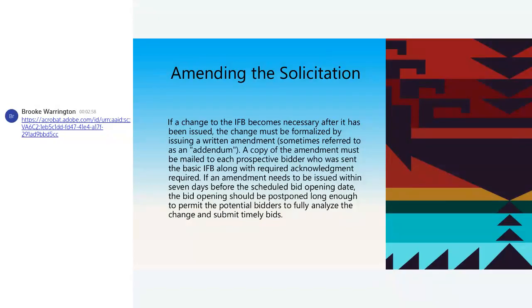A copy of the amendment has to be mailed to each prospective bidder who was sent your basic IFB, along with required acknowledgement saying that they received it. If an amendment needs to be issued within 7 days before your scheduled bid opening date, your bid opening should be postponed long enough to permit your potential bidders to fully analyze the change and submit a timely bid.